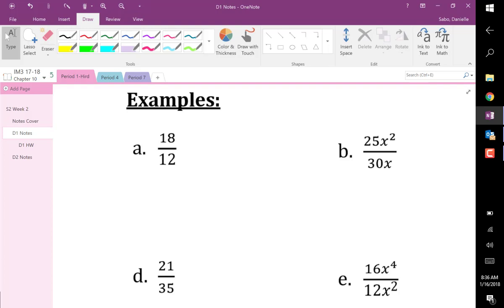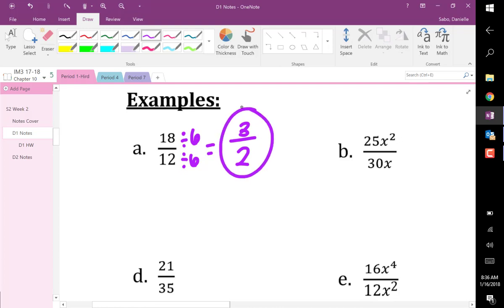I divide both of them by 6. 18 divided by 6 is 3, and 12 divided by 6 is 2. So 3/2, and that's my final answer. Okay, we're just taking it slow at first. Pretty straightforward. We just reduced. Some people like to just cross out and put 3 and 2. It really just all depends on who you are.